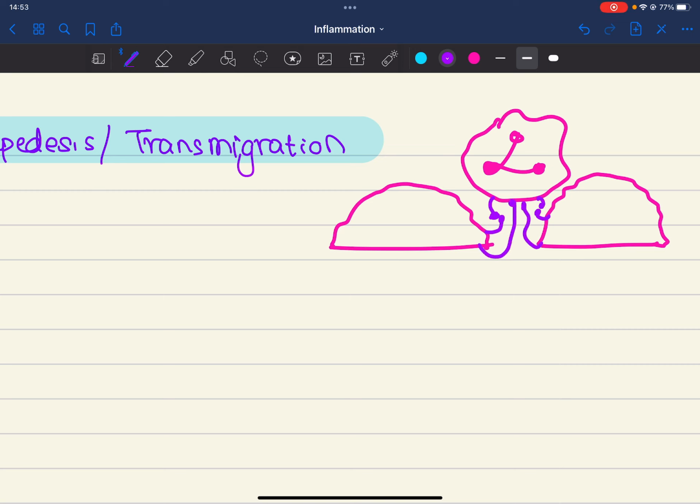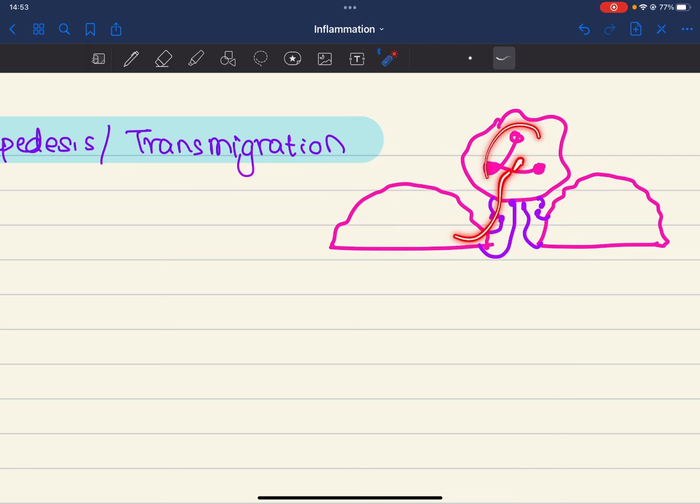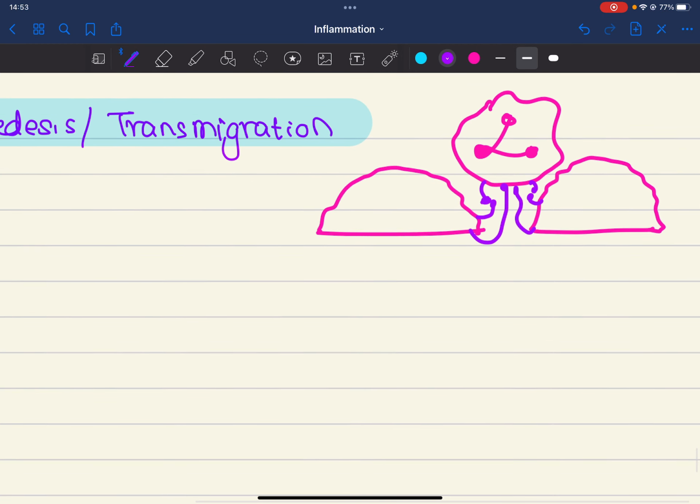So now these two endothelial cells will catch the WBC and pull it down inside the tissue. Now this is mediated by this molecule. First I'll tell you the name of these molecules. This molecule is PECAM. It's not ICAM, it's not VCAM. This you need to mug up.